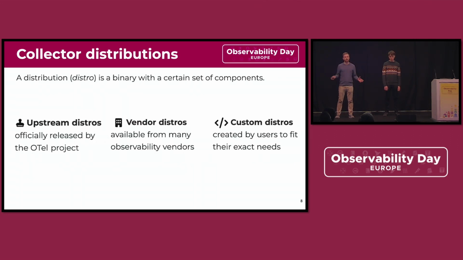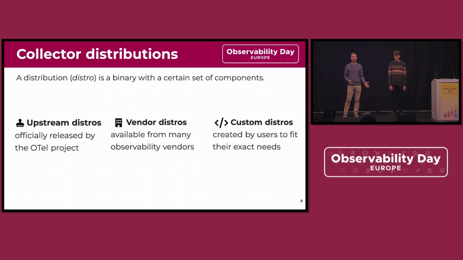So when you build all of these into a distribution from the libraries, you get what's called a distribution. Again, you choose from the different types of components you want, you build them in, and you get your collector distribution. And there are a couple of different types of distributions out there. So there's the upstream distributions. There's standard ones like the core distribution, which has a couple of open source supported input formats and output formats.